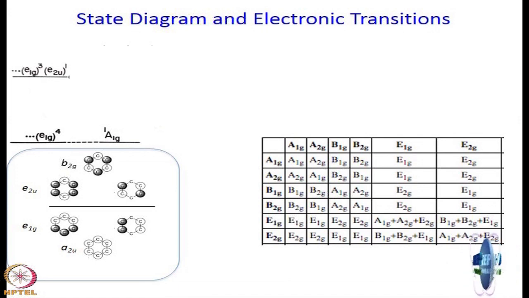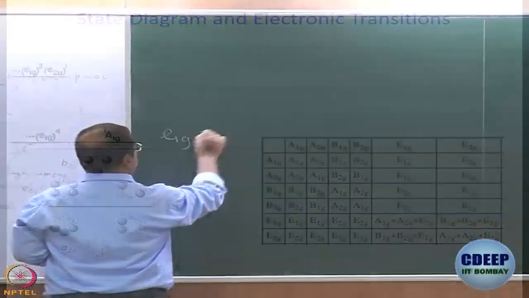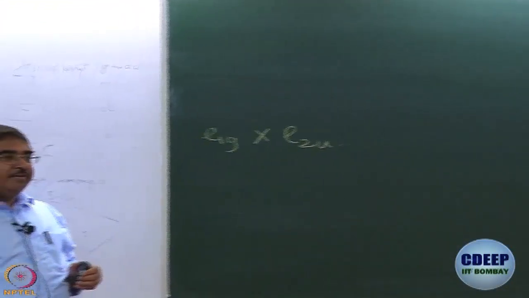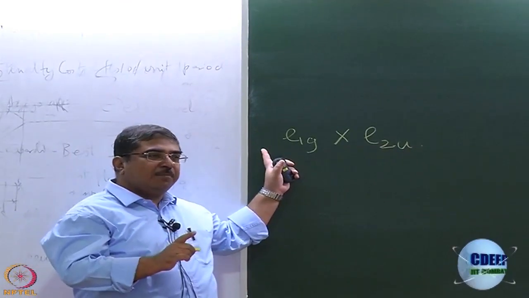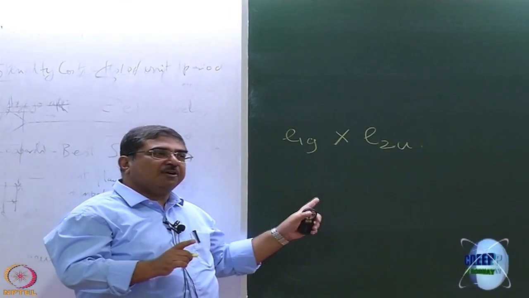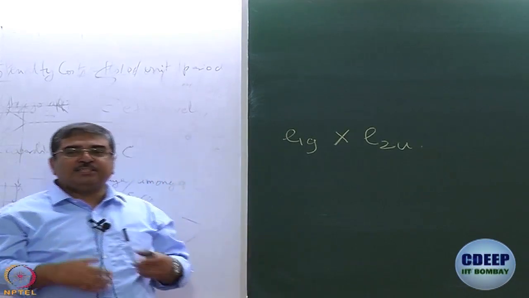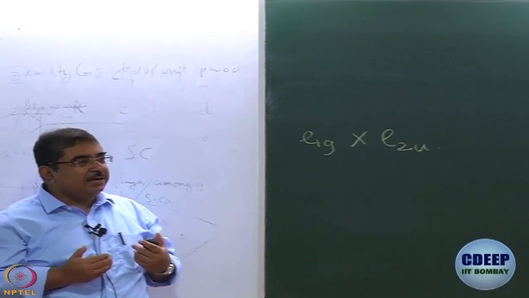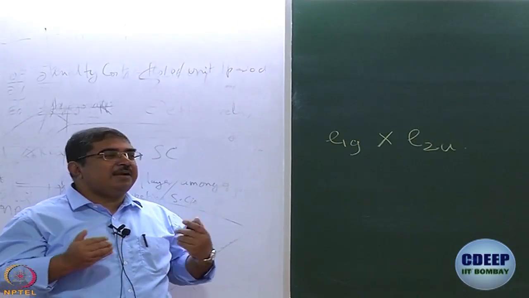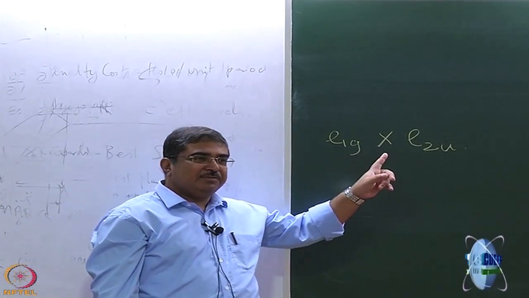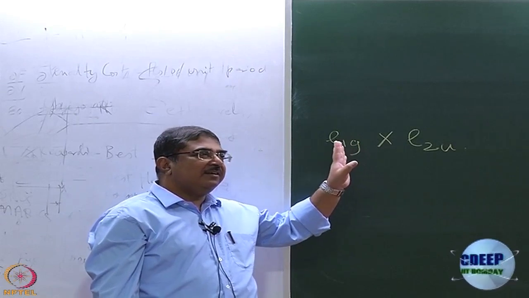So, to determine the symmetry of the state, I have to do E1G cross E2U. Do we agree? Because 1 E1G orbital is singly occupied, 1 E2U orbital is singly occupied. As we have discussed earlier, we get the symmetry of the overall wave function or the state by taking the direct product of the symmetries of the singly occupied molecular orbitals. So, we need to do E1G cross E2U. Understood? Shambhit?